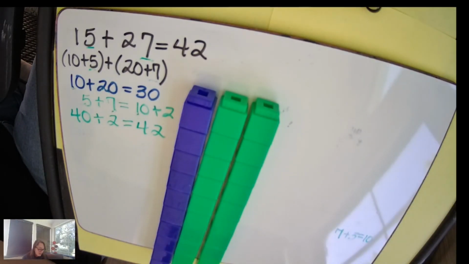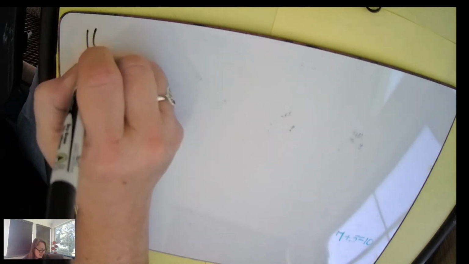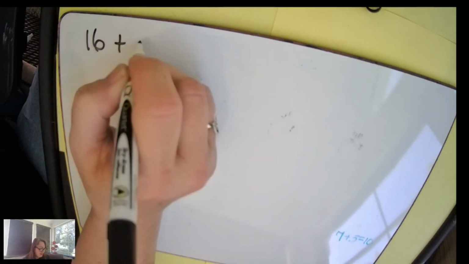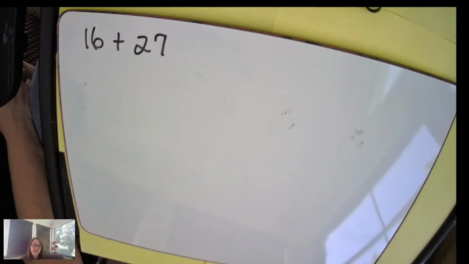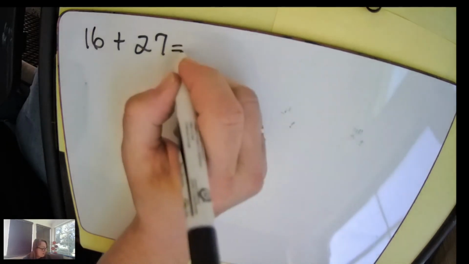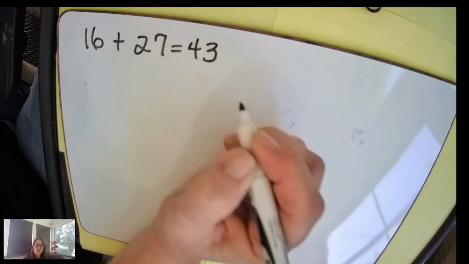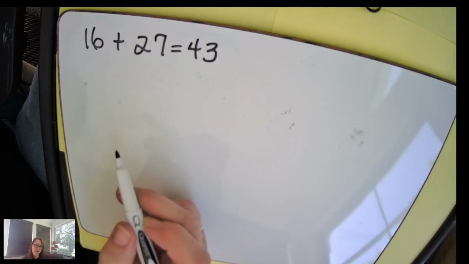Okay, let's continue with this challenge. We're going to do another. The next problem is 16 plus 27. Torian says he thinks the answer is 43. Do we agree or disagree with Torian's answer, 43? Torian, can you tell us how you thought about this problem?